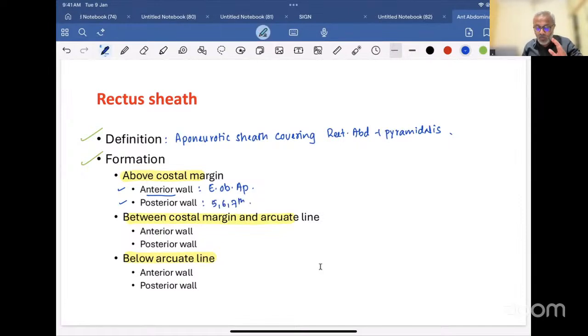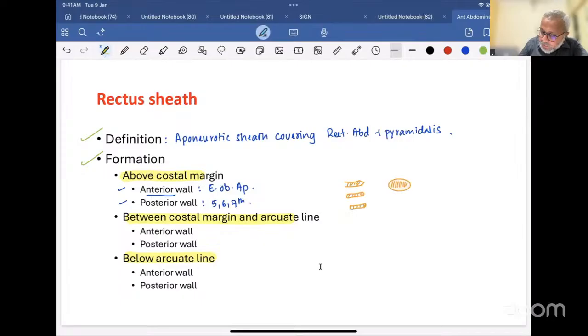Now, how do we show this? Show the rectus abdominis muscle of one side. So let's imagine this is the rectus abdominis muscle of one side. How exactly is the anterior wall formed? Let's imagine we have 3 muscles here. One is the external oblique, then we have the internal oblique, and then we have the transversus abdominis.